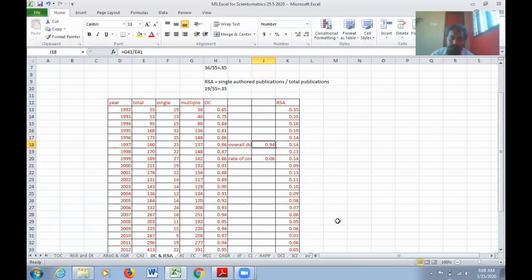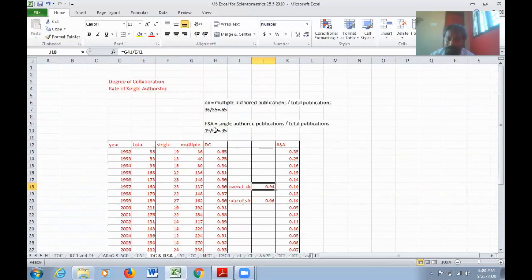To contrast to this, we can calculate RSA, rate of single authorship. In fact, myself and my guide, we have formulated this particular scientific indicator. We have invented this. The formula we have given is single author publications divided by total publications. Okay. For example, in 1992, total publications are 55 and single author publications are 19.